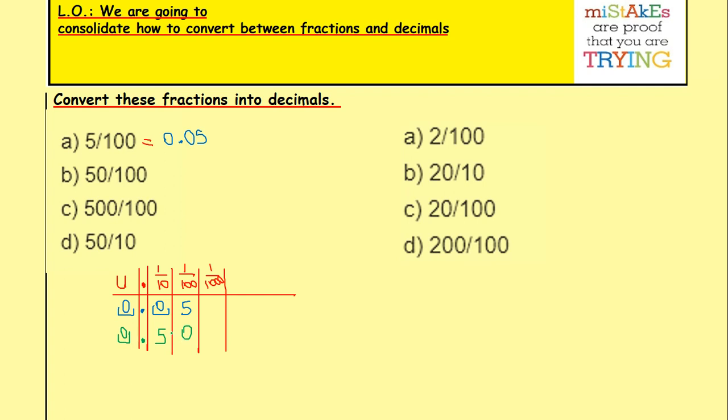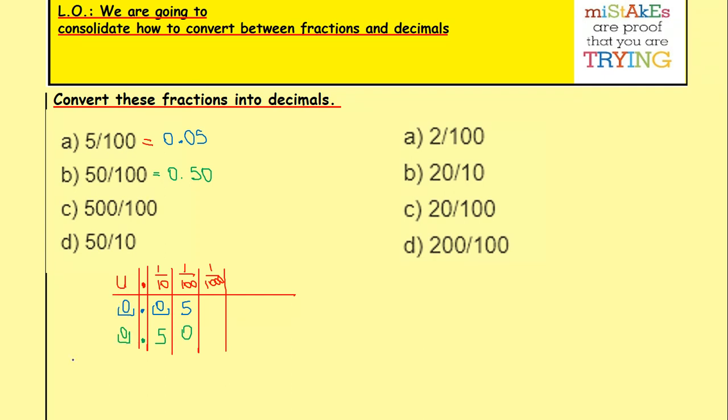So my answer is 0.50, so I can say 50 hundredths. Now I'm not getting rid of the 0 placeholder here because if I get rid of it, it's supposed to be 5 over 10, 5 tenths, and I just needed to exactly convert this fraction into a decimal. Apart from if they ask you to give your answer to 1 decimal place, because in this case it will be 0.5.